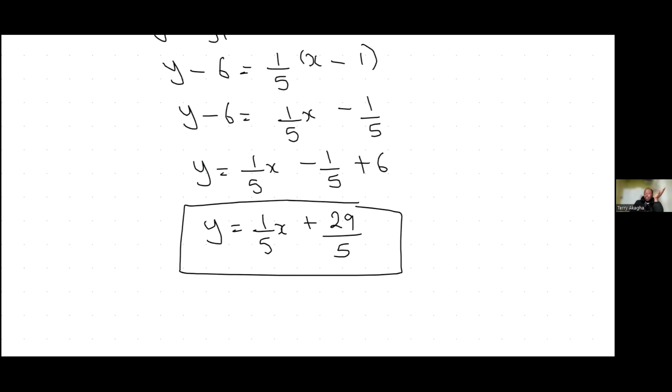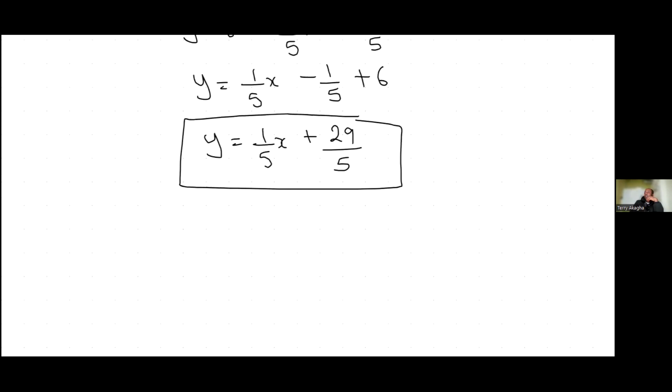Sometimes you can be asked to leave it in standard form, which is ax plus by plus c equal to 0. So just in case this question did not ask for that, but they asked you to leave it in standard form. So what do we have? y is equal to 1 over 5x plus 29 over 5. I'm going to multiply both sides by 5.